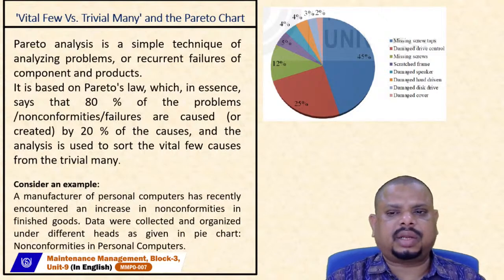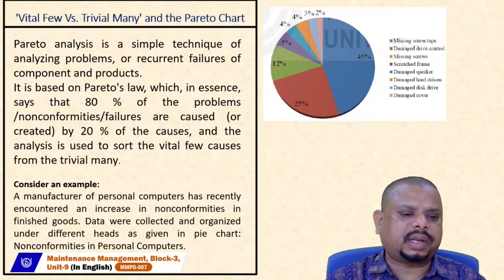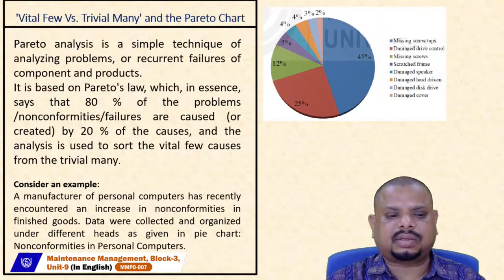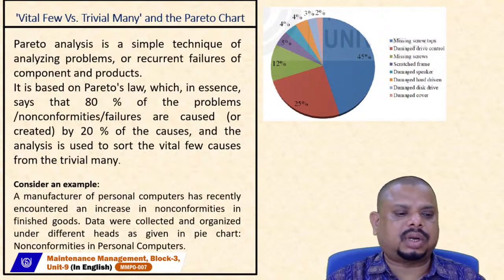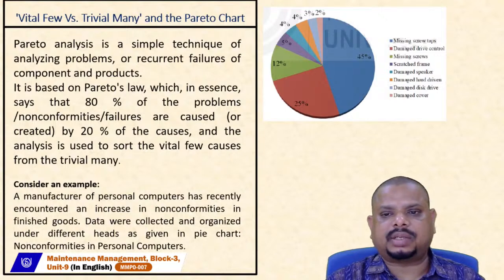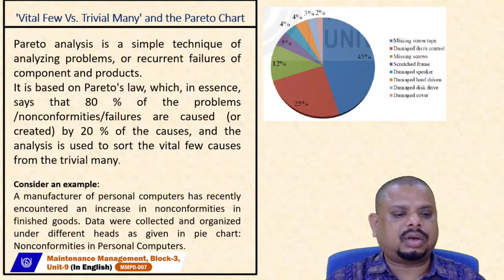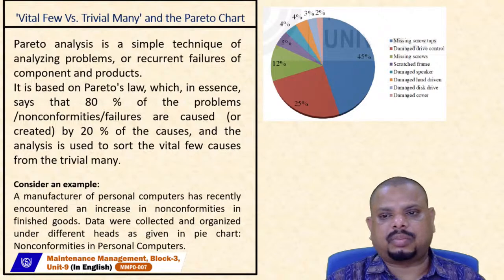They identify an increase in failures in finished goods, so they want to conduct a Pareto chart analysis to identify the failure rates. Data were collected and organized under different heads, as given in the pie chart in the figure, for non-conformities in personal computers. So what are the non-conformities? Let's understand from the pie chart.